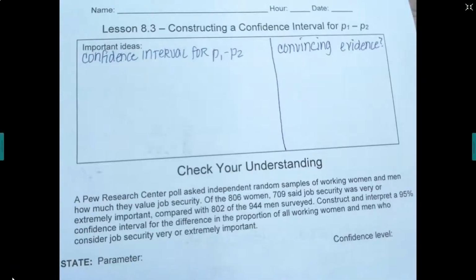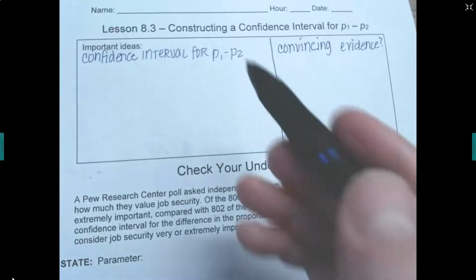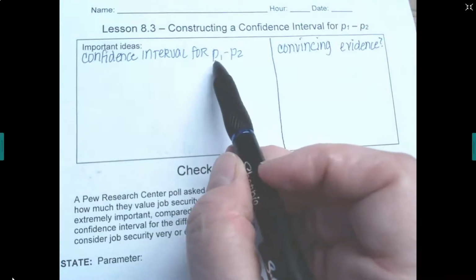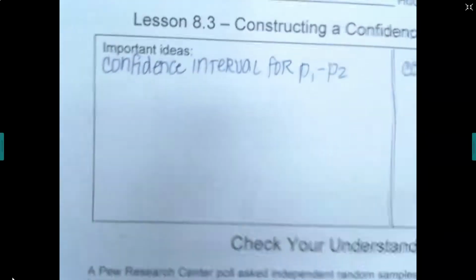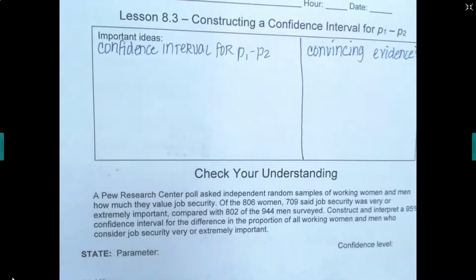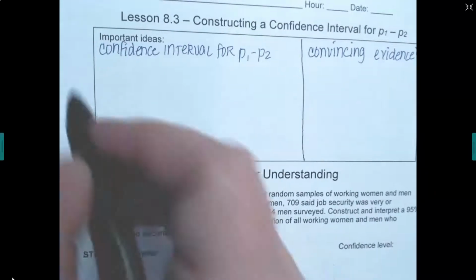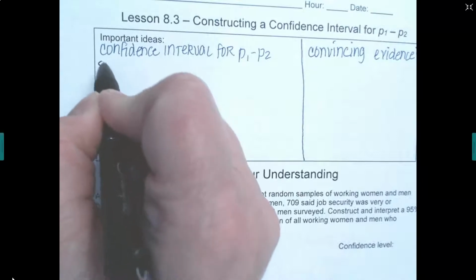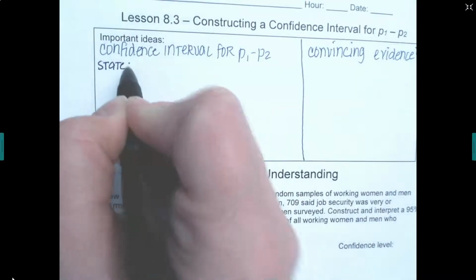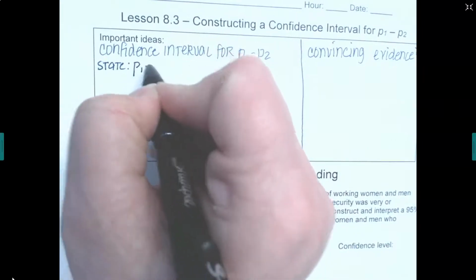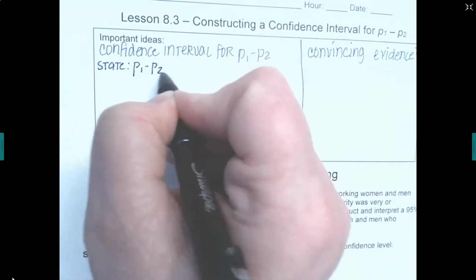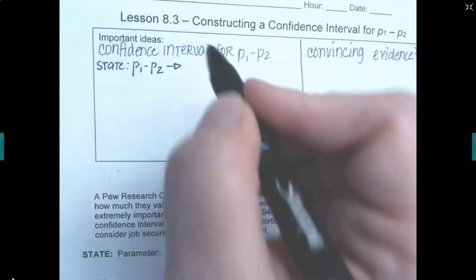So I have two things I want to summarize for you. First is the confidence interval for P1 minus P2. We're not using hats here because we're inferring back to the population, so you want to use the parameter notation. All right, let's take a look at our 4-step process here. So for your state, you're going to define what P1 minus P2 is in context.